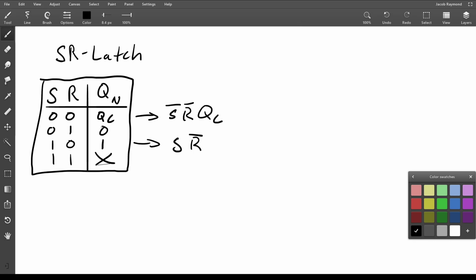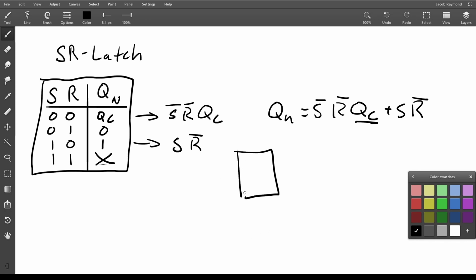But yeah, if you just tried to come up with a sum of products form, you would get that Q next equals not S, not R, Q current, plus S not R. And Q current isn't an input, it's the current output. So you would have to have a circuit here.